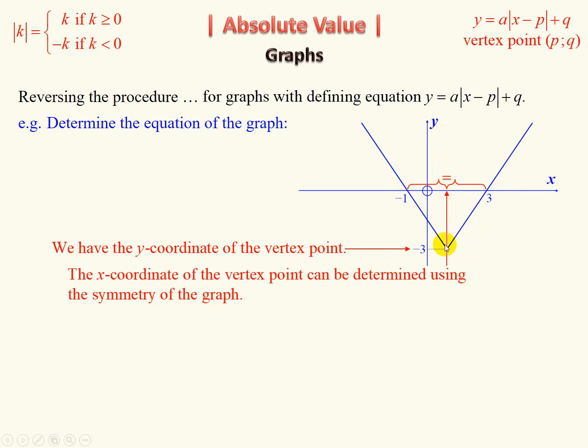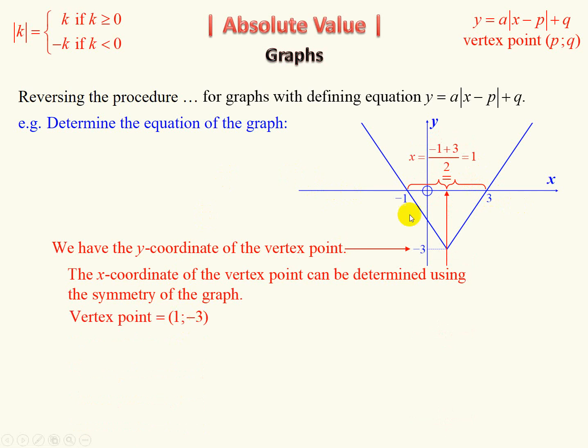We don't know the x value at the moment, but we know the y value is minus 3. So that distance is equal to that distance. So all we have to do is find the average between those two values. And we get x equal to 1, and now we have the vertex point.